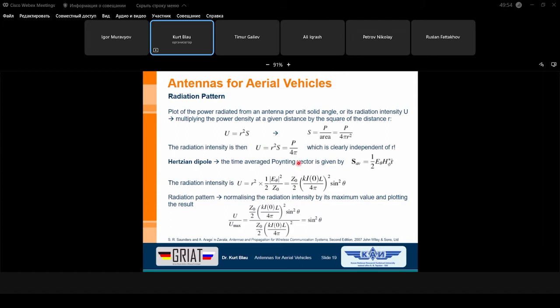Yeah, and then we are coming to this expression, and it's not necessary to know the current that is driven into the antenna, meaning the Hertzian dipole. It's not necessary to know exactly the length of the dipole.